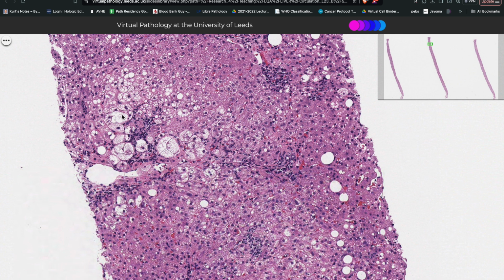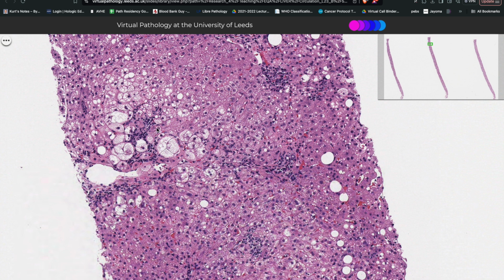The way one of my attendings had explained this to me, in a simplified view, is fat leads to inflammation. Inflammation injures the hepatocytes. That injures the cytoskeleton, which is the skeleton of the cell, and that skeleton gets injured more and more, so that cytoskeleton is dysfunctional, and that's why it balloons up.